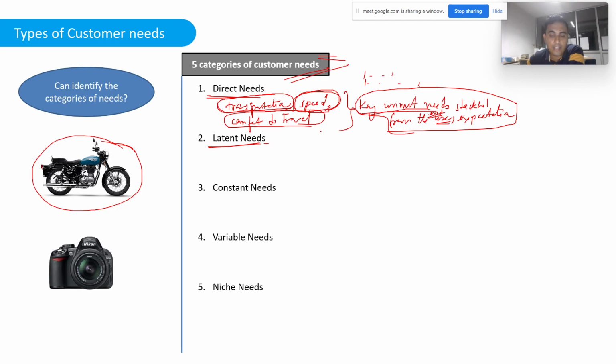Now what are latent needs? Latent needs are the needs which you come across when you try to implement your design, or when you try to satisfy a system for operating this particular product. For example, there's a bike and you want to use it on Indian roads.